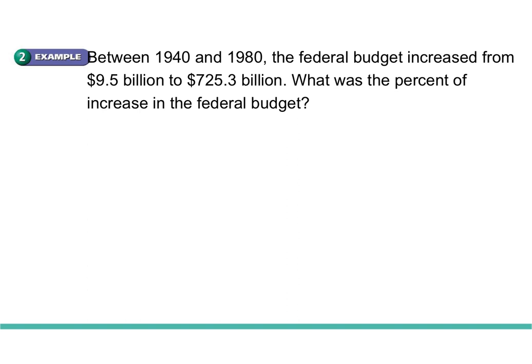So to find the amount of change here, we had an increase from 9.5 billion all the way up to 725.3 billion. So we're going to subtract those to find the amount of change. And we divide it by the original amount, which was the 9.5 billion.